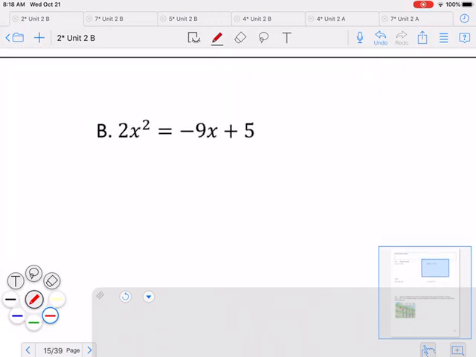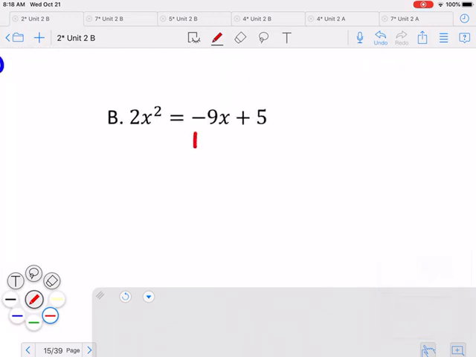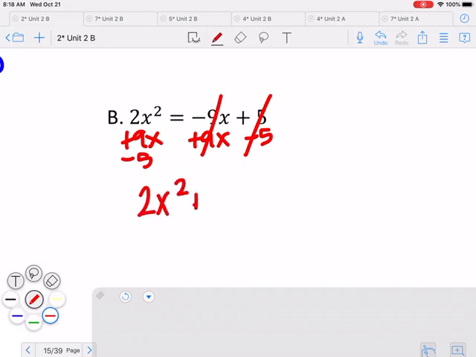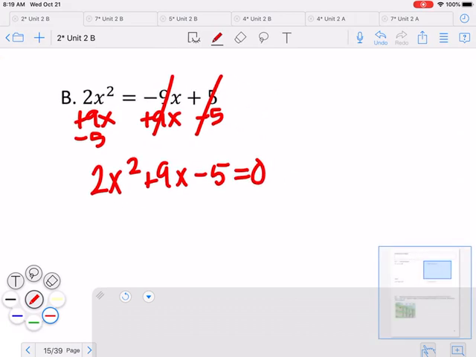Here is another one. Everything onto one side, so I have to add the 9x over, and we also have to subtract the 5. So now on the left-hand side, we have 2x squared plus 9x minus 5 equals 0. And now we're going to factor it.